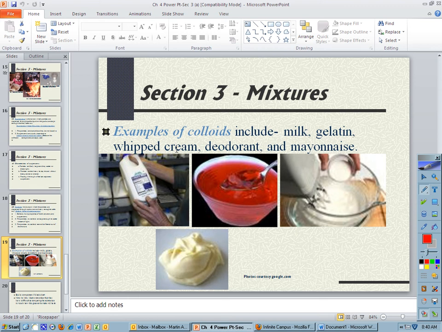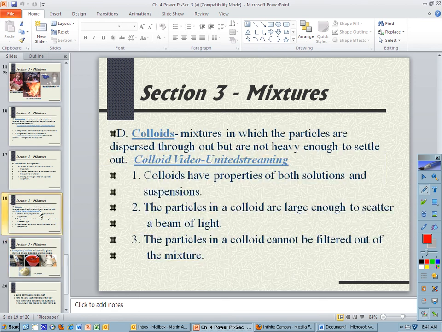Yes, ma'am. Can you go back to slide 4? I can go back to the slide before this. Yes, ma'am. But you said that the particles can go through the... They can, given the right conditions. They are considered to be medium-sized particles.